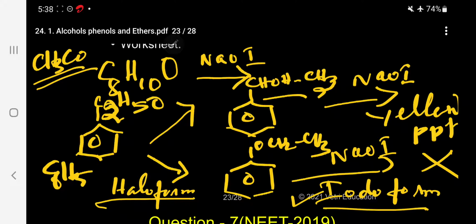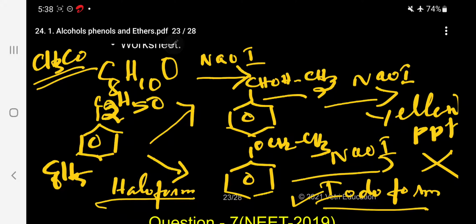Why do we give preference to iodoform? Because iodoform is a yellow solid, so we can easily differentiate the compound. If chloroform or bromoform formed, being liquids they would mix and we could not differentiate. That's why we always give priority to iodoform.